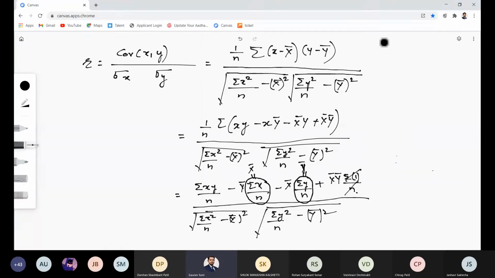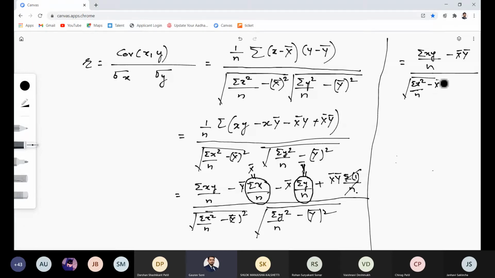So what we get here is summation xy by n minus x bar y bar upon under root summation x square by n minus x bar square, summation y square by n minus y bar square.